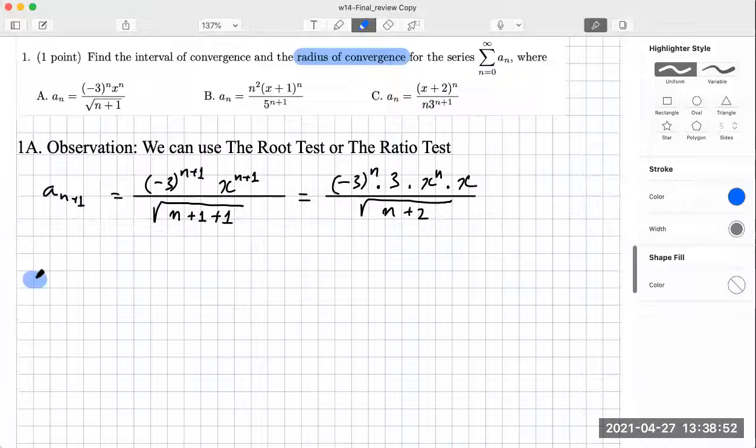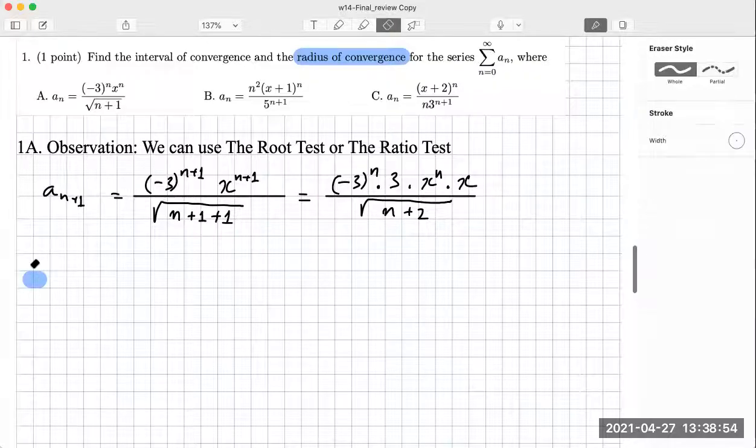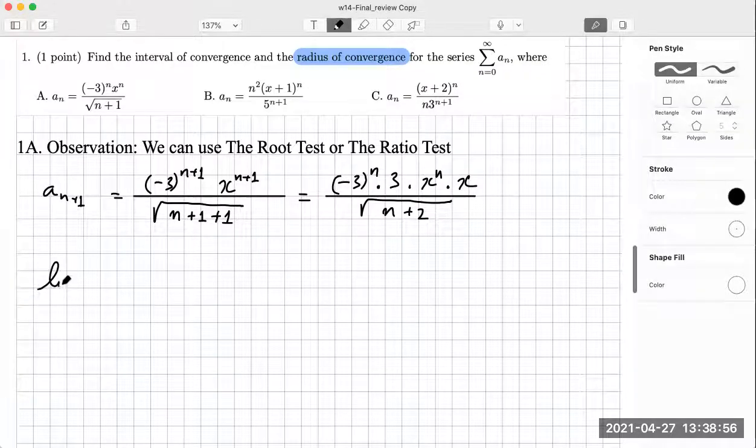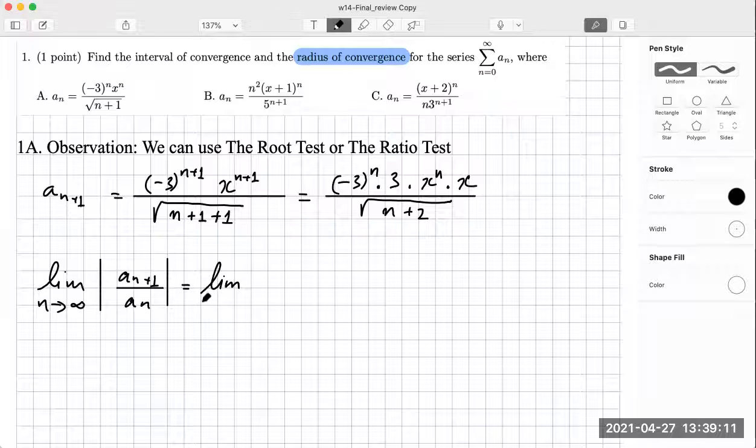Therefore, we're looking for the limit when n goes to infinity of a_{n+1} over a_n here.